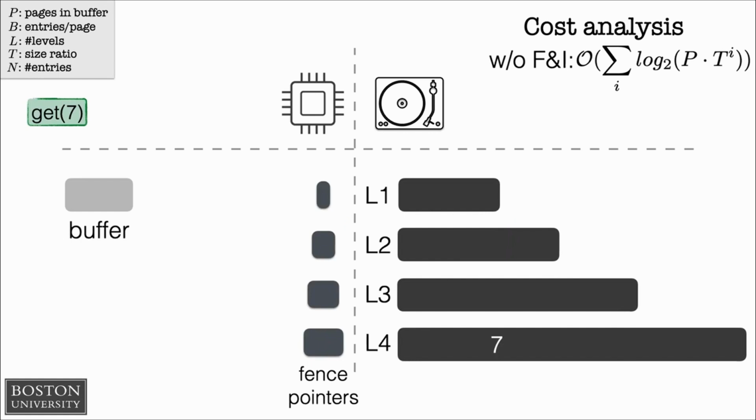So now, instead of performing our binary search on storage, we'll go to the fence pointers, do the binary search in memory, and then go to the single page that might contain value 7, if that exists. And even if the value 7 does not exist, if a page contains the range that contains 7, we'll have to still go and fetch this page and check whether 7 is there.